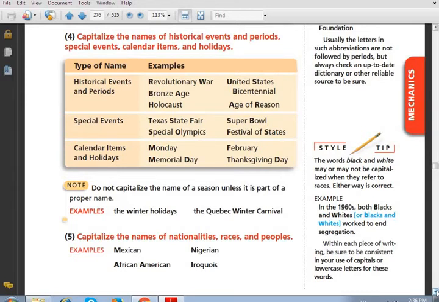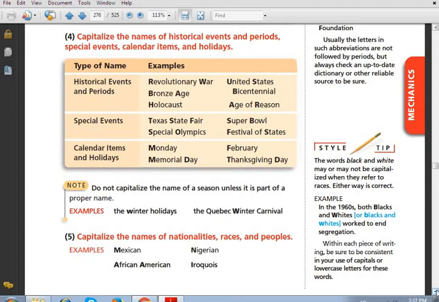The words god and gods are not capitalized when they refer to deities of ancient mythology. However, the names of specific mythological gods and goddesses are capitalized.